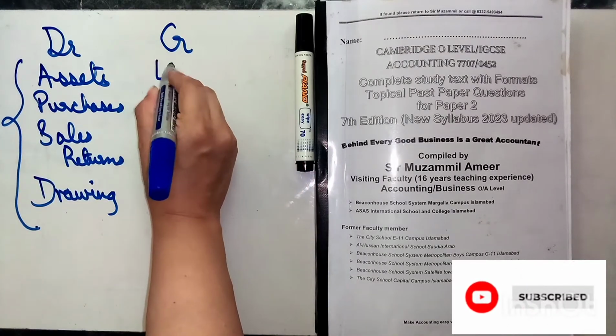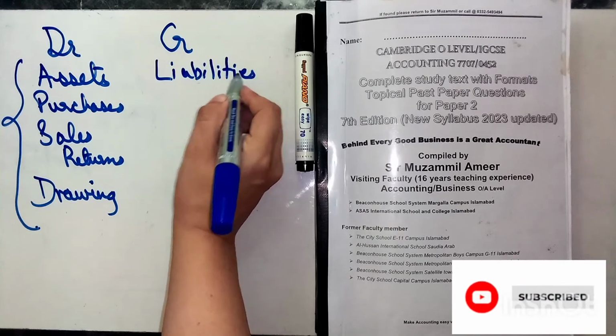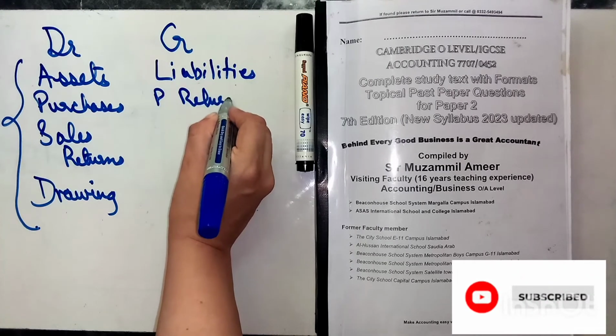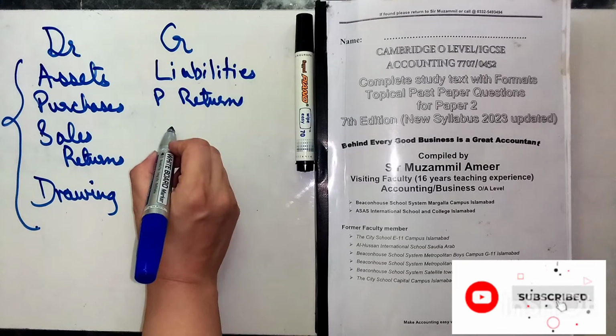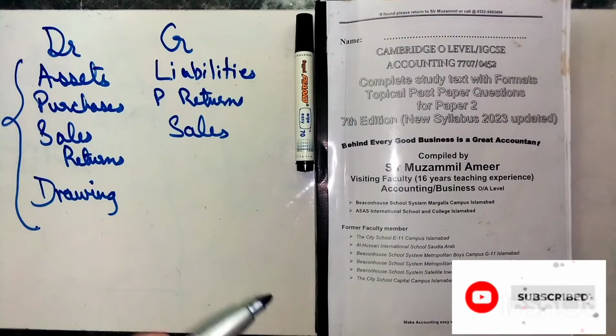All the liabilities, the purchases returns, and all the sales are going to be on the credit side.